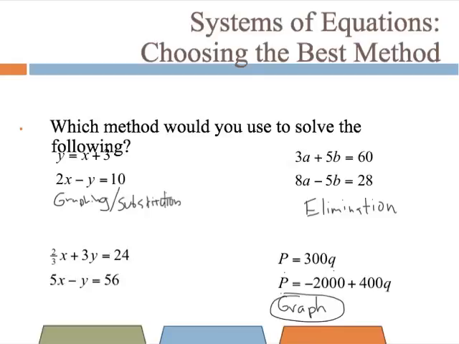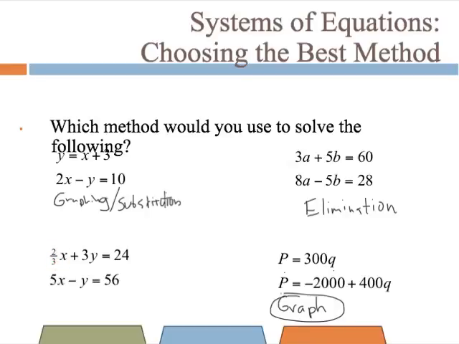Alright, that leaves this last guy over here. 2/3 x, yuck. Well, I suppose I could see an argument for trying to get this y alone and making a substitution. But with everything already lined up, I really want to multiply this top equation by maybe a 3 to get rid of the 2/3.